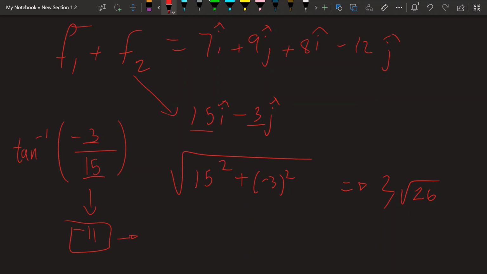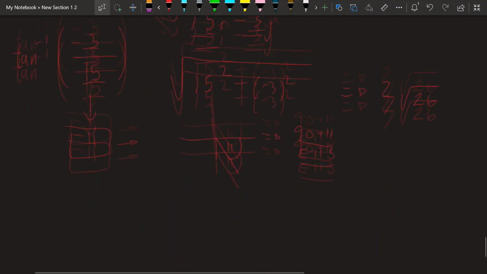If you look at this, this is minus 3 and this is 15. So x is positive and y is negative. So your angle is somewhere here, and this angle is 11, yeah? If you want to change it to bearing, it's going to be 90 plus 11. If you want to change it to mariner's compass, it's going to be east 11 south. That's your direction. Let's move along.